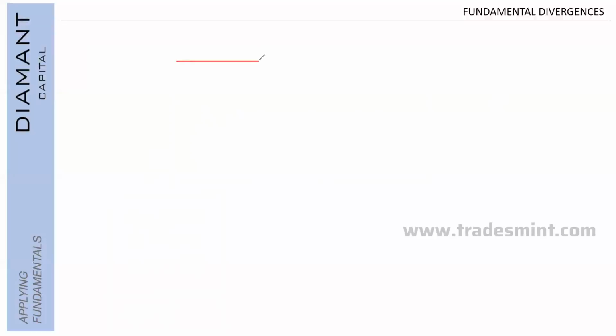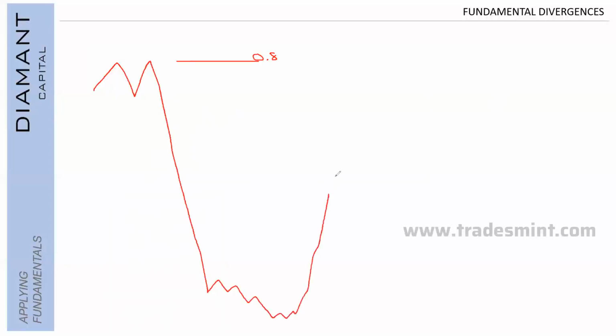I had 0.8 as an institutional figure that I was aiming for. I believe we had some equal highs on the higher time frame. Now, if I remember this trade correctly, we got here, for example, and then we got to some weekly order block right here. That was a point of interest that I had figured out.